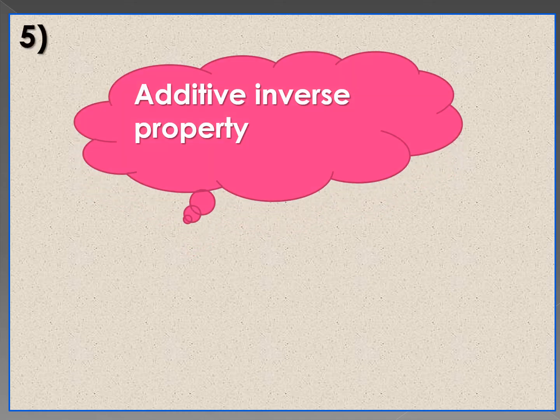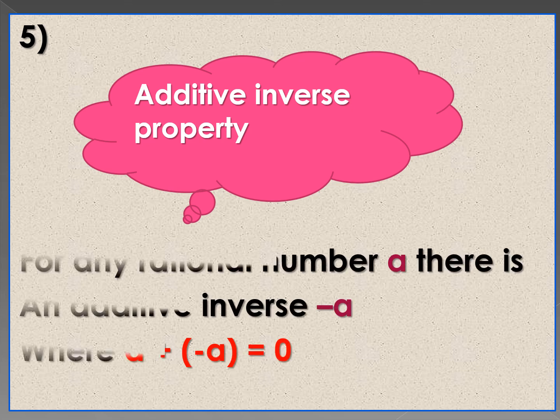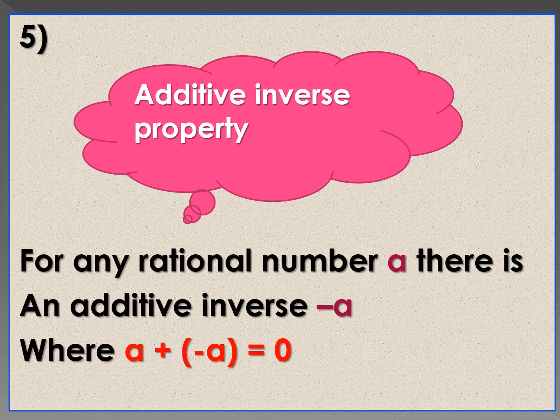Number 5, the additive inverse property. What is meant by the additive inverse? If we have a rational number A, the additive inverse of this number will be the number with the opposite sign, negative A. So A and negative A are the inverse of each other. If we add the number and its inverse, we will get 0.